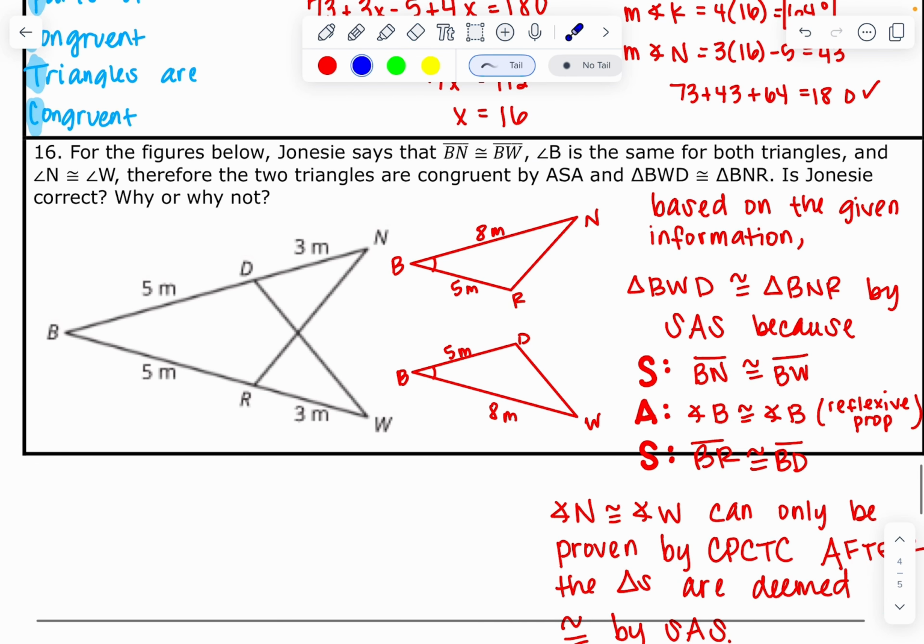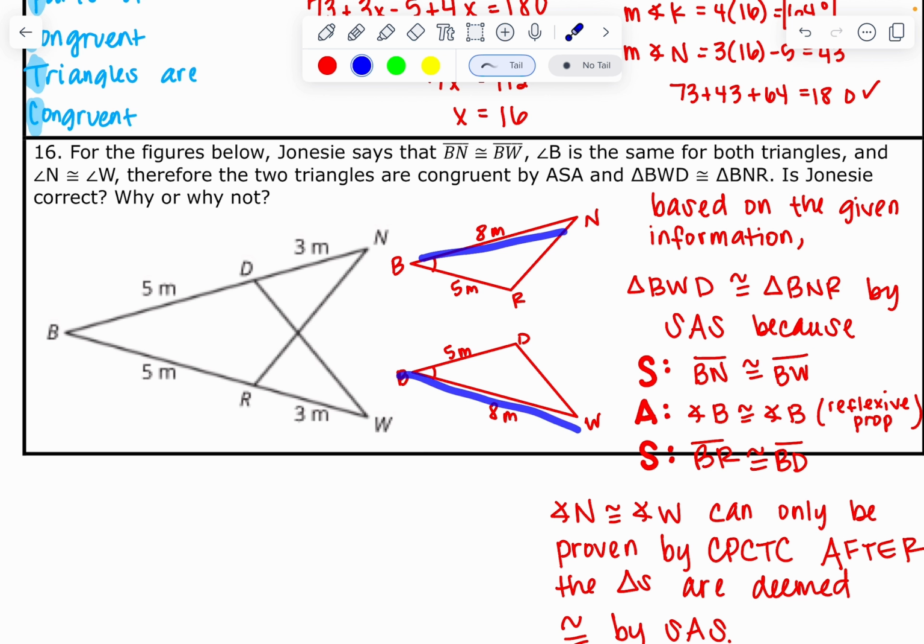Okay, number 16. So for this one, Jonesy says that these two sides are congruent. I went ahead and drew these separately because there's a lot happening. So those two sides are congruent, and that angle N and W are congruent. I'm not really sure where Jonesy got that from because nothing is marked on this figure to indicate that is the case.